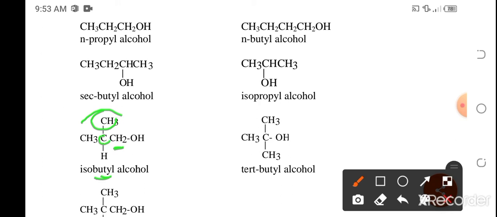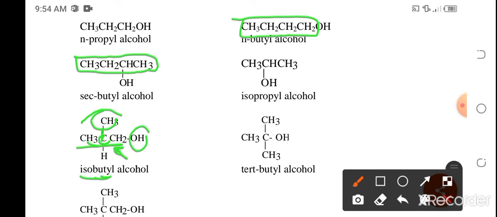When it is butyl, it is a straight chain of 4 carbon atoms, but when it is isobutyl, it is rearranged. So there is branching here, and the hydroxyl group has been attached on this carbon atom here. Then we have tertiary butyl.